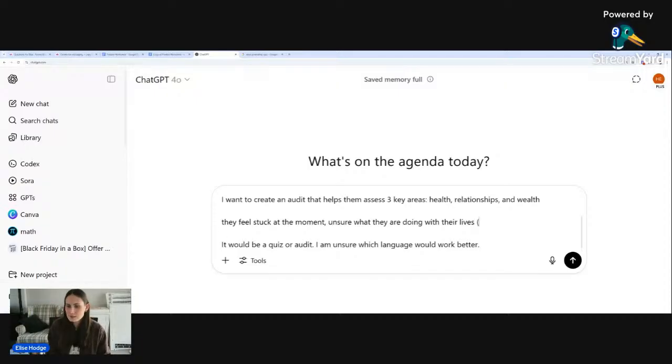The thing here to make this most tangible with your messaging is going to be getting really specific about what this means. What does it mean that they're unsure what they are doing with their lives? What does that actually look like?